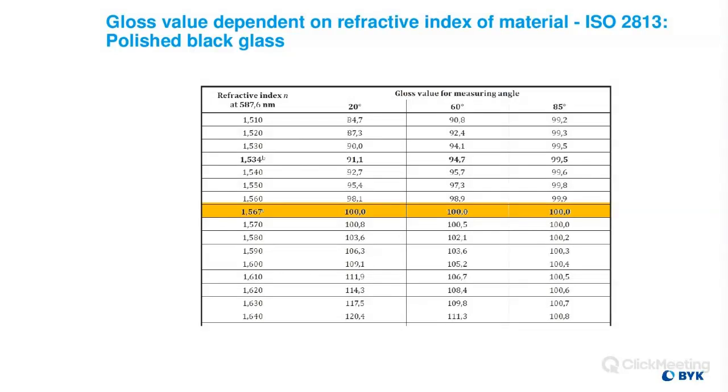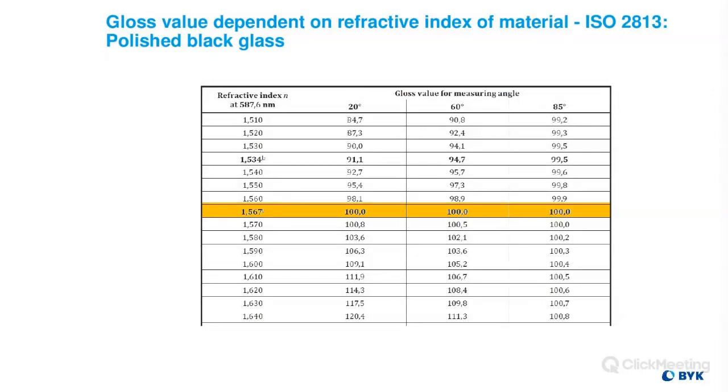Now, the gloss reading itself is actually dependent on the refractive index of the material. Index of refraction is a term for how fast light moves through a material. And so different glasses, different transparent materials can have different ratings.